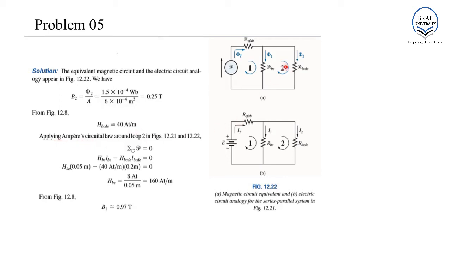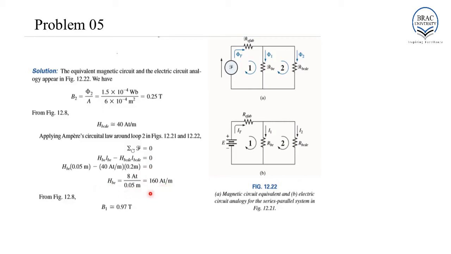Applying Ampere's circuital law around loop 2, we can say that HBE times LBE minus HCD times LCD will be equal to 0. From there, we can determine HBE to be equal to 160 ampere turns per meter.